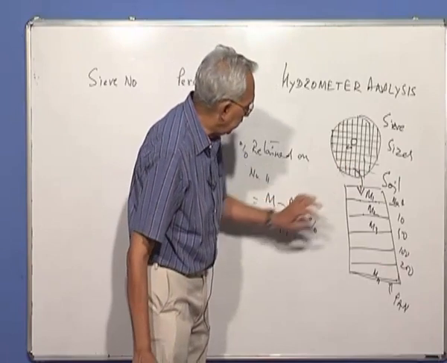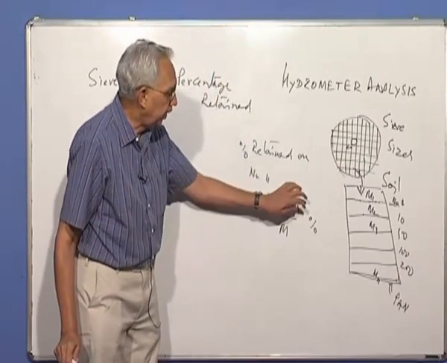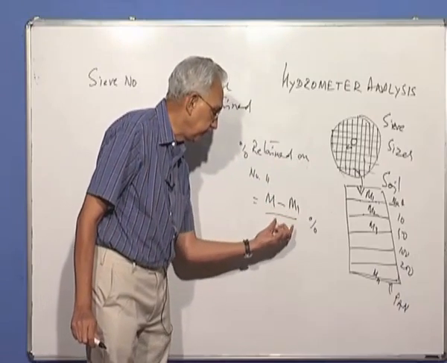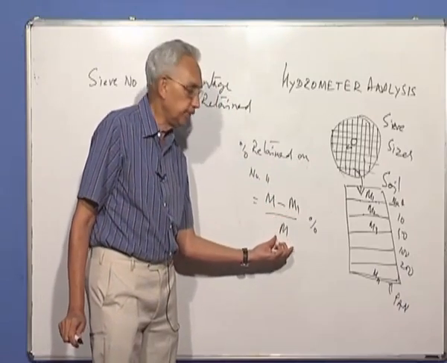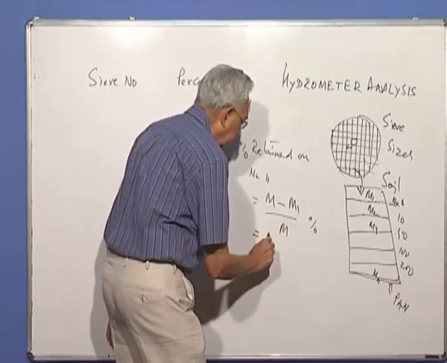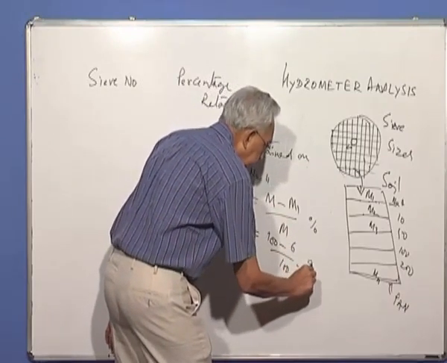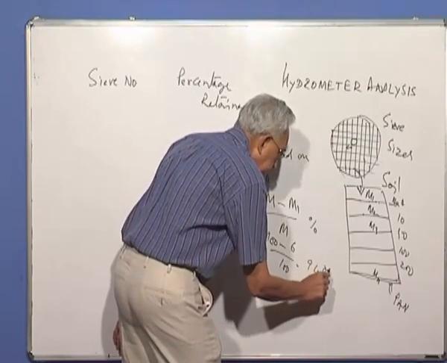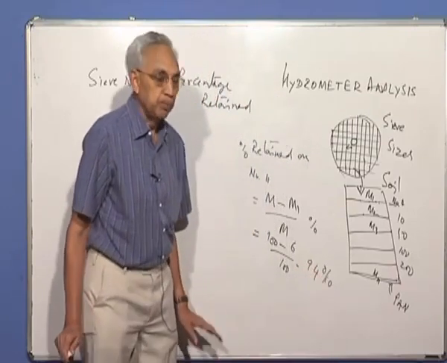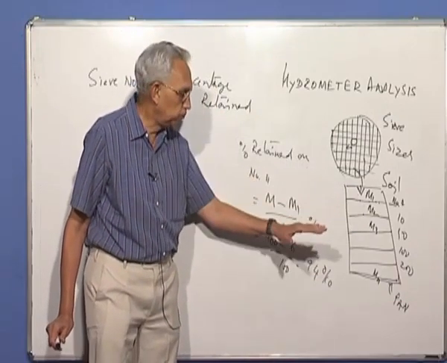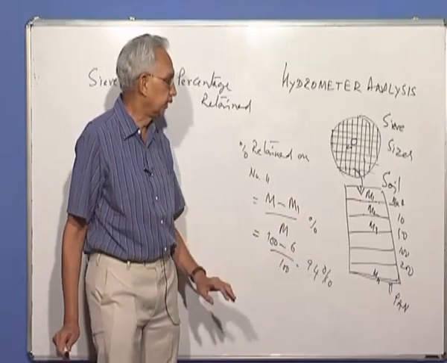Let us say you have put in 100 grams and 5 grams has been retained. So you have 95%, 95 divided by 100. So this will be, let's say, 100 minus 6 by 100. So this is 94%. Can I say that 94% of the soil passes through the particular size?